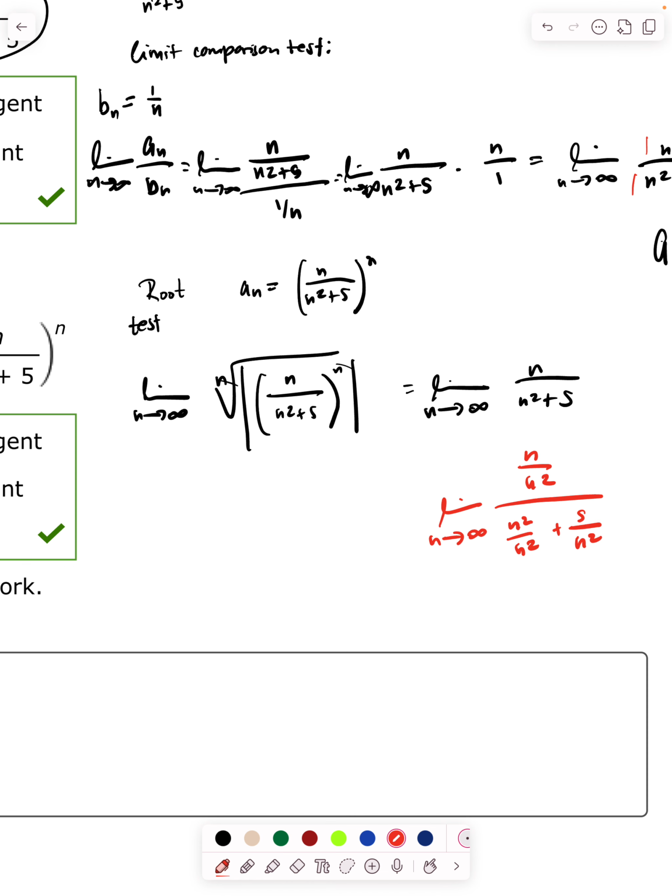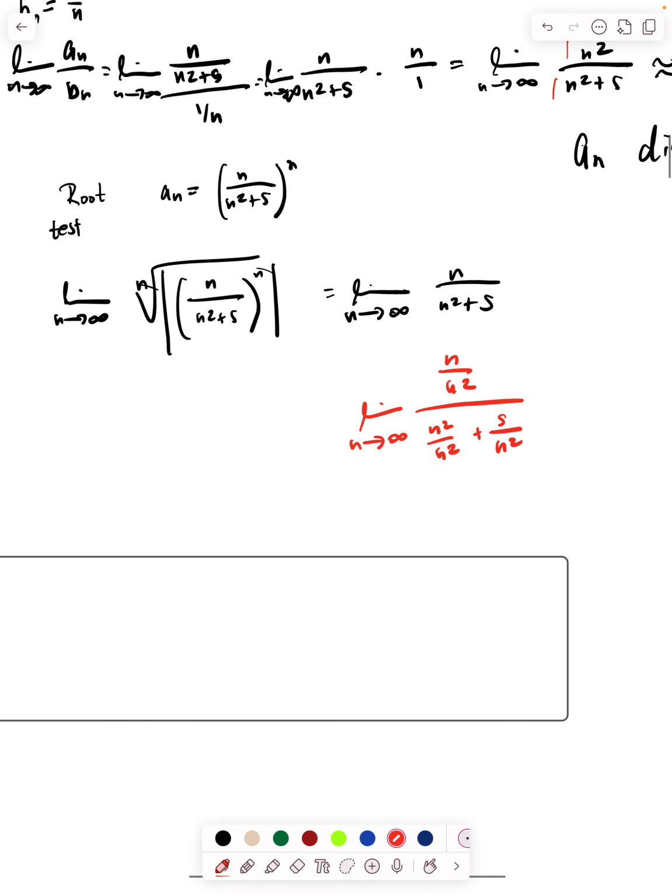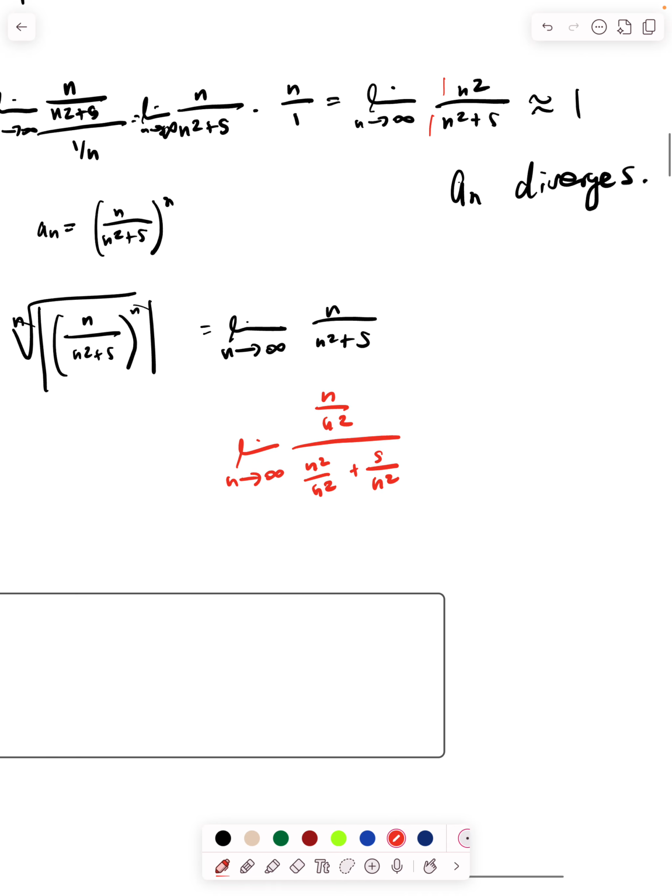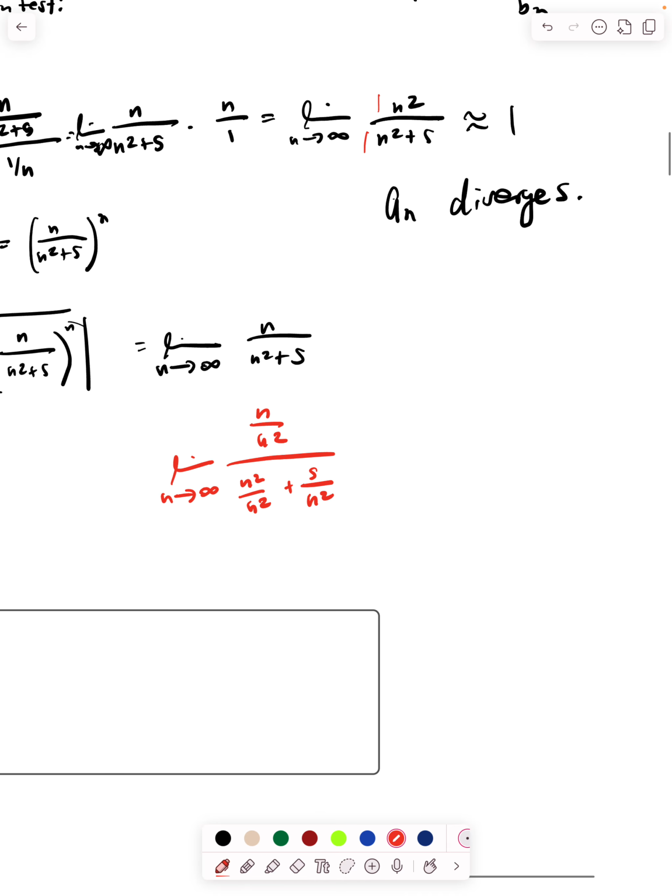So long as I'm dividing everything by n squared, it doesn't matter. If you take the limit as n goes to infinity, this becomes 1, this is 0, and this becomes 0 as well. So actually I just get 0.